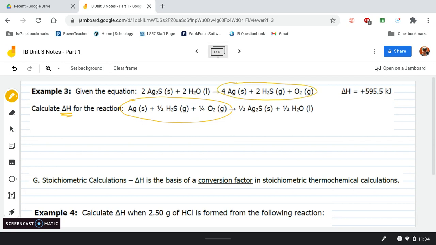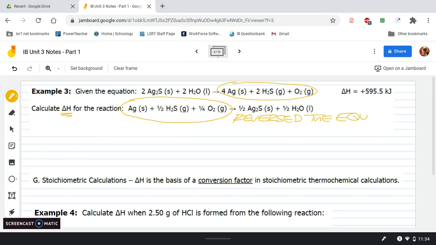Well, they took the equation and they flipped it over. If you flip an equation over or you reverse it, you also are going to flip the delta H. So they reversed the equation. It's backwards.